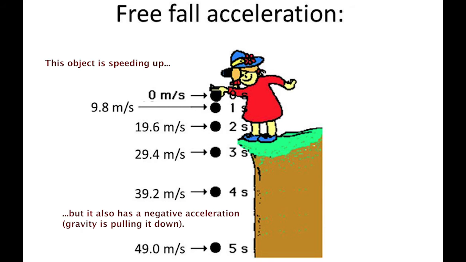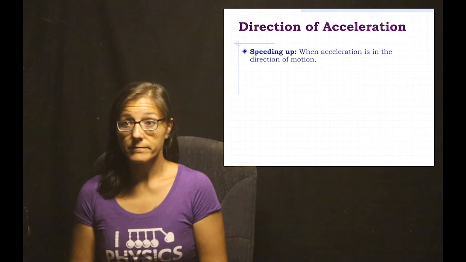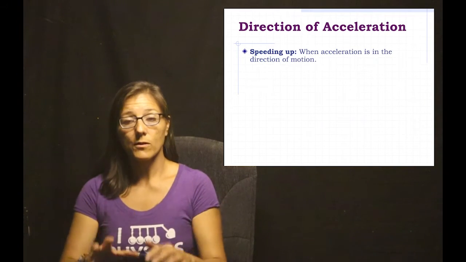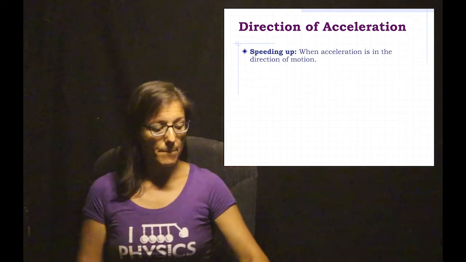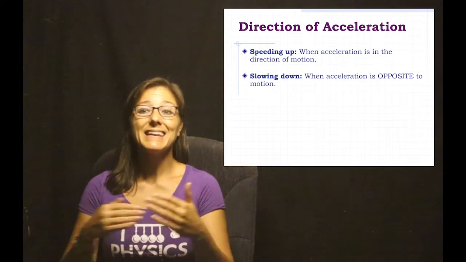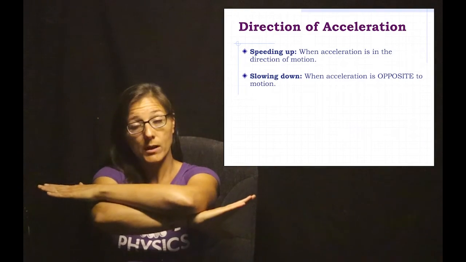So when are we speeding up? When your acceleration is in the direction of motion. If you want to get something moving faster, you're going to push it in the direction it's already moving. When is an object slowing down? When you push against its motion, when acceleration and motion are opposite to one another.